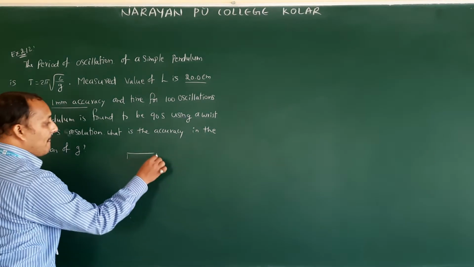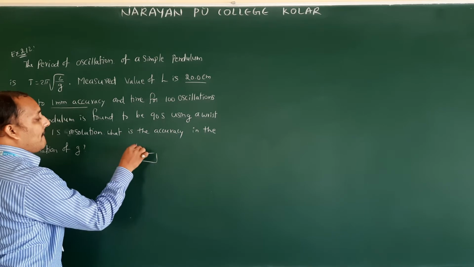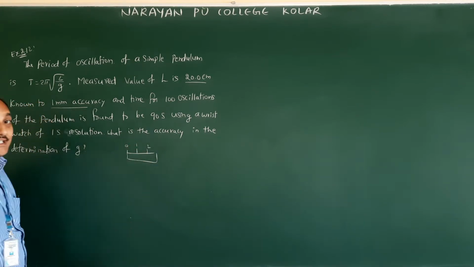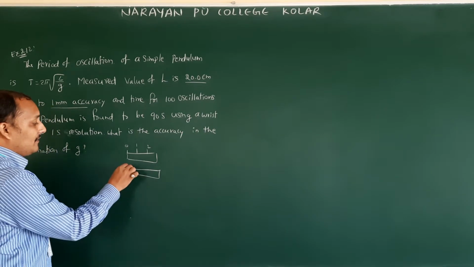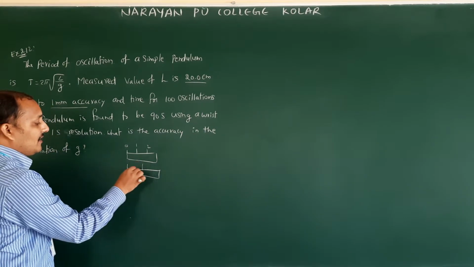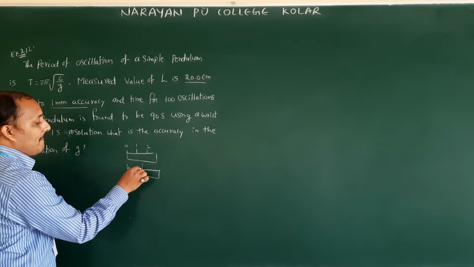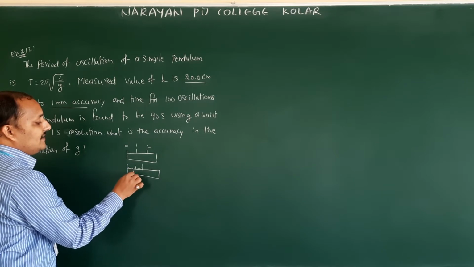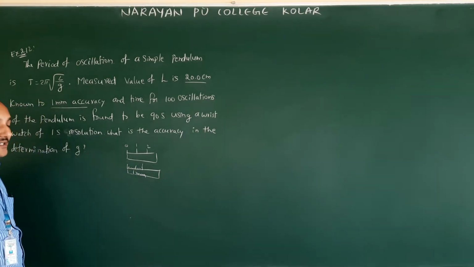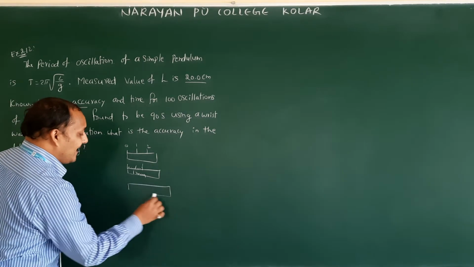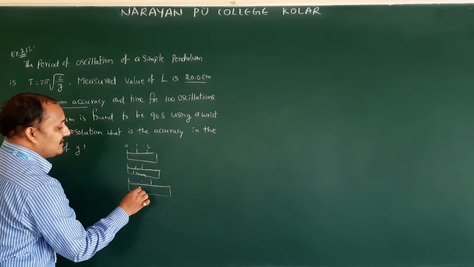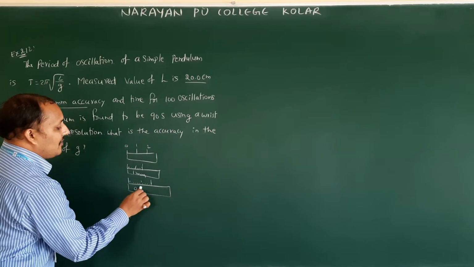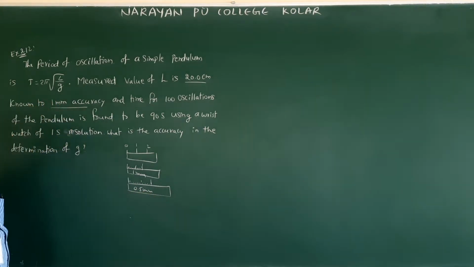One scale has 1 centimeter resolution. Another scale I gave between 0 and 1 has 10 divisions. 10 divisions means this is called 1 mm resolution. Another scale I gave between 0 and 1 has 20 divisions. 20 divisions means that is 0.5 mm.